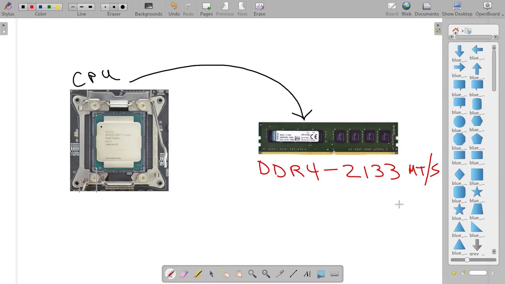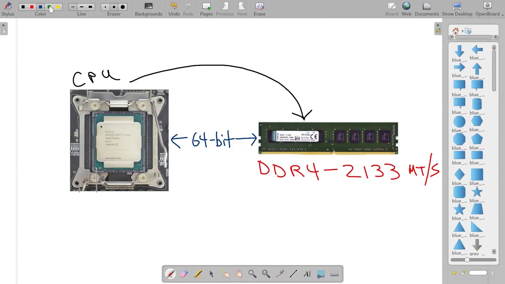Now, how do we figure out exactly what the data transfer rate is from the memory to the CPU? Well, we have to think a little bit here, and we have to say, okay, the RAM needs to communicate with the CPU, and it does that by way of the address bus, and that is a 64-bit bus. 64 bits.